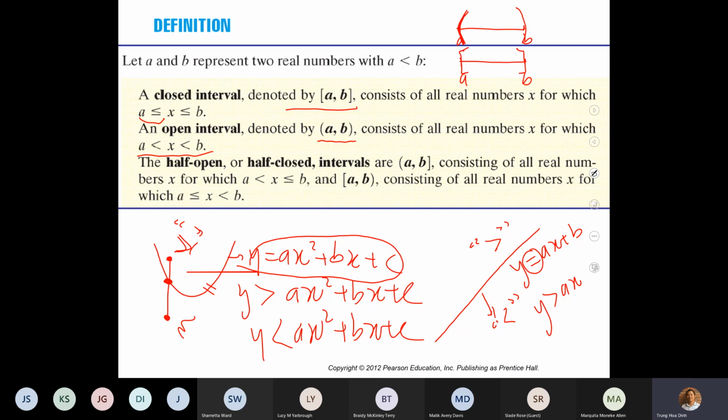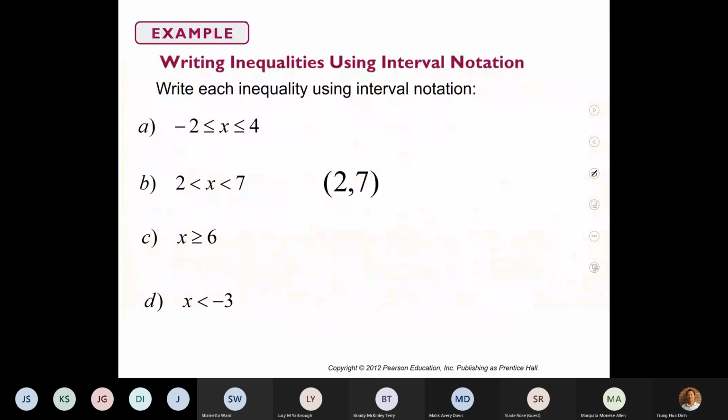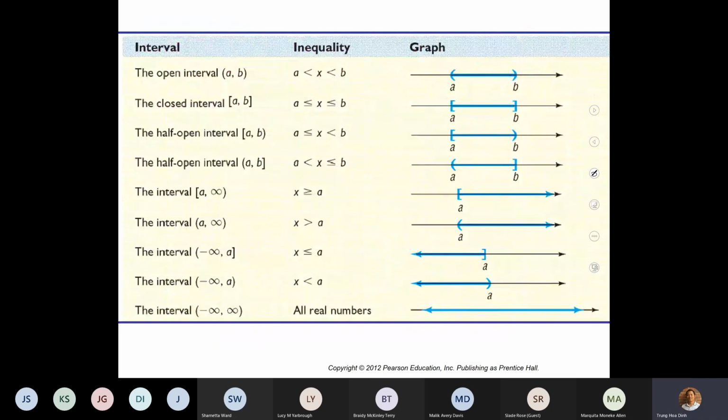I hope you learned all this from high school. It's not that we need to spend much time. Half open, half closed intervals, almost something like here, right? Okay. So that is the geometry of those notations. Open interval, closed interval, half open interval, half open again, and sometimes they write infinity here, right? a, infinity.